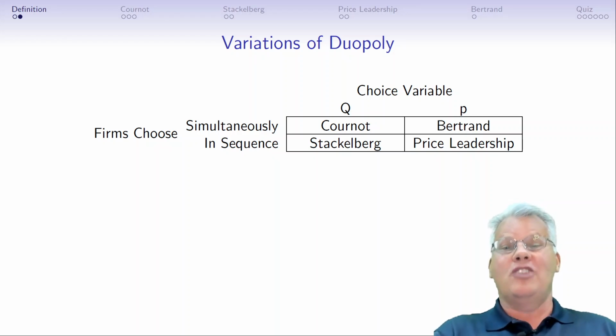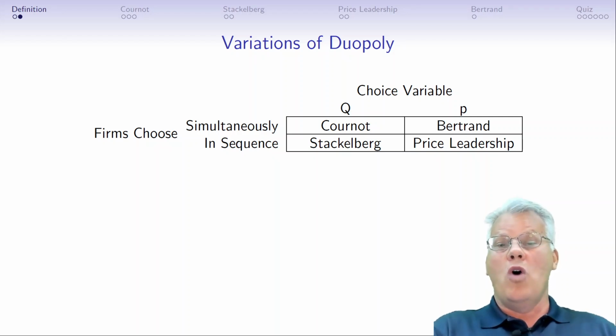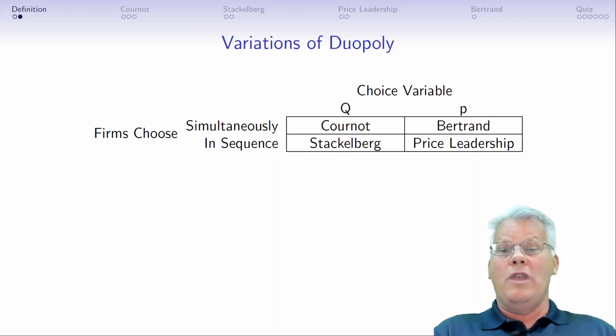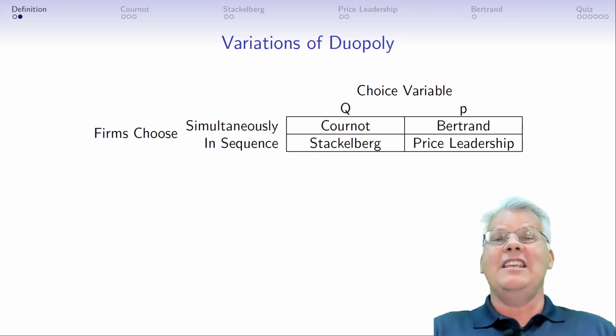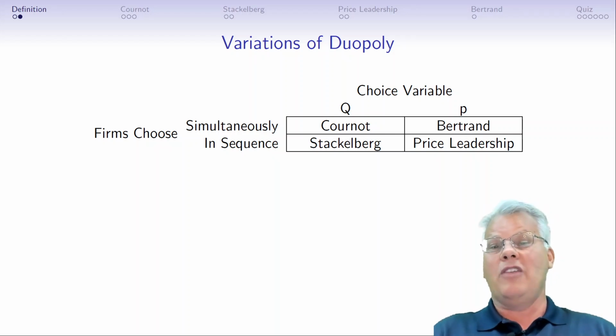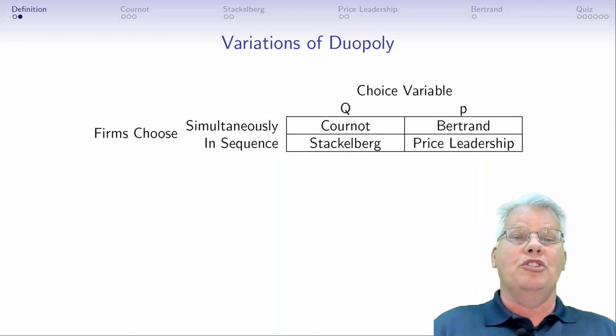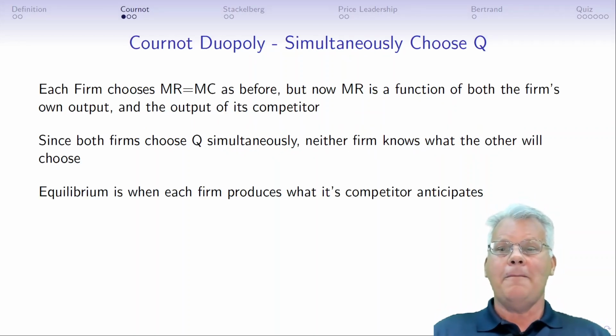So from the matrix, you can see a Cournot duopoly is where we have two firms that move simultaneously, meaning each firm cannot see what their competitor does when they make their choice, and the choice variable is how much output to produce. Okay.